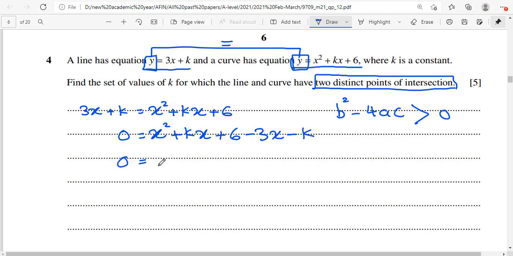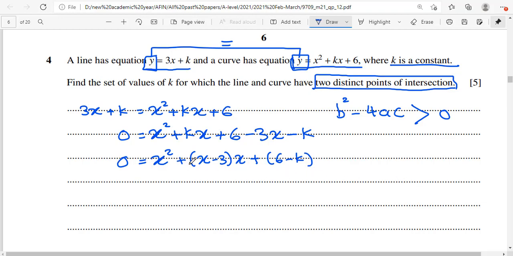Then simplify. x squared has no like term, stays as x squared. kx and negative 3x, they have x in common, so we can say plus k minus 3 times x. Then 6 is a constant, and the question said that k is a constant, so we can make them one term to represent c, plus 6 minus k, and it's equal to 0.